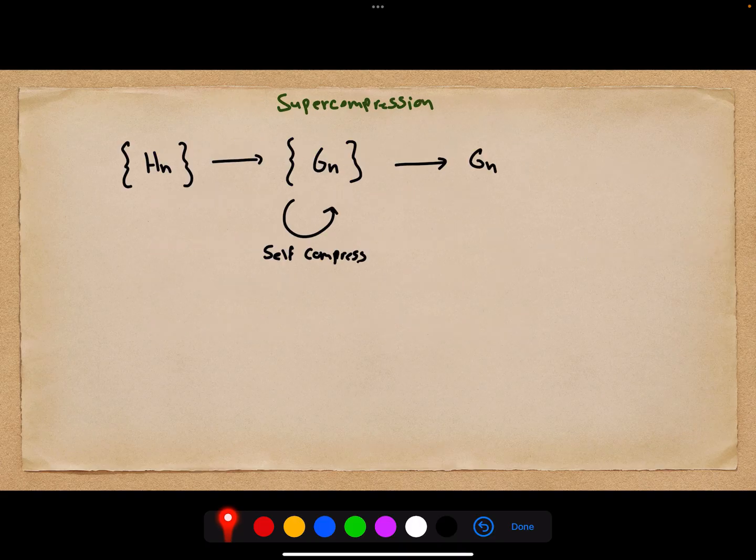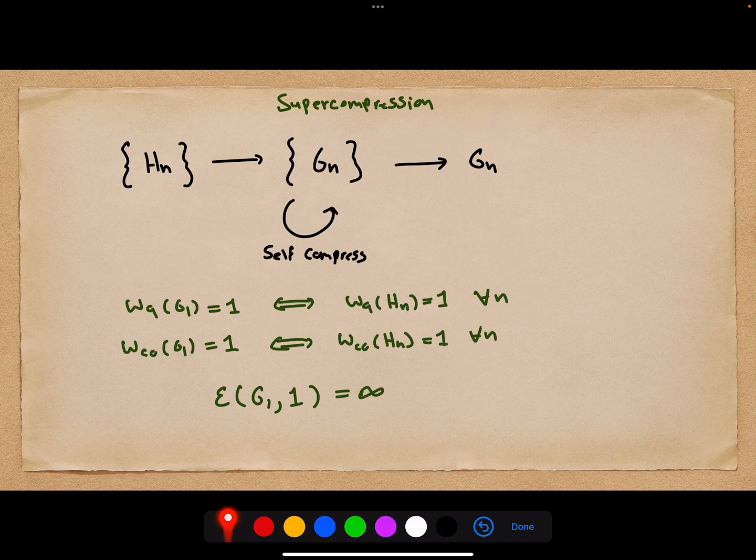So to do supercompression, we begin with a uniform family of games. We define a new family of games Gn that use our compression result in their definition, and then we show that any, in particular the first game of this family, has the property that its quantum and commuting operator values are 1 if and only if every single game in the original family had this property.